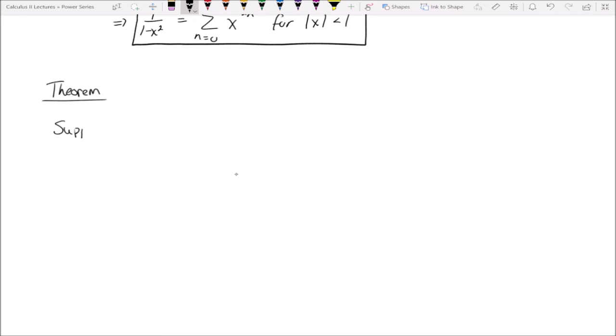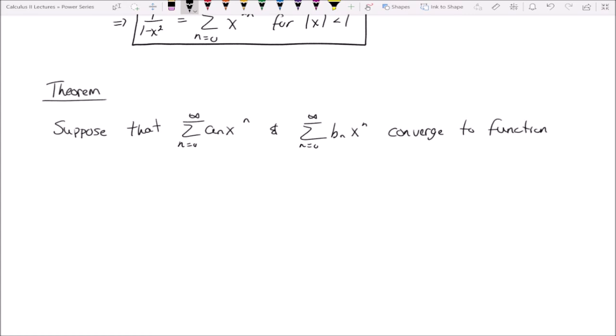So let's suppose that the series n equals 0 to infinity a sub n x to the n and the series n equals 0 to infinity of b sub n x to the n converge to functions f and g respectively on a common interval.